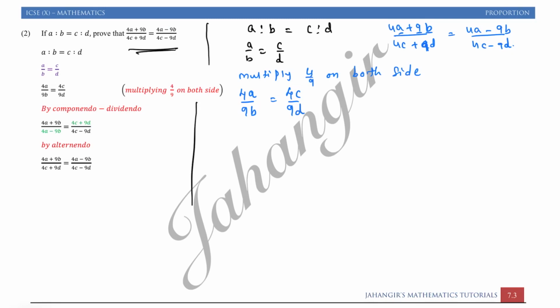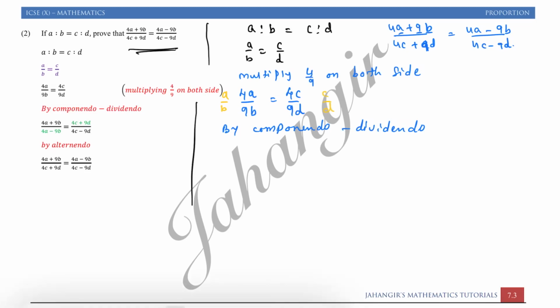Now I will use componendo dividendo on both sides. By componendo dividendo, if you see, this is an a by b pattern, and this is a c by d pattern. So a by b we can write as a plus b upon a minus b.